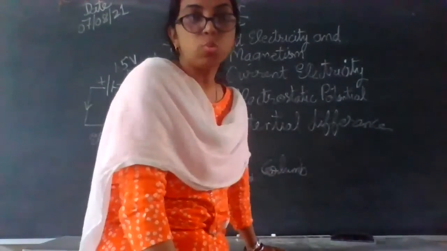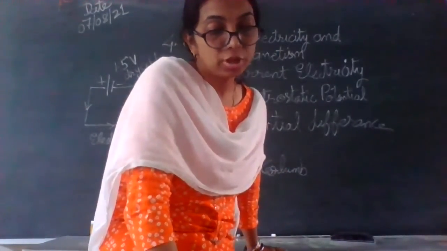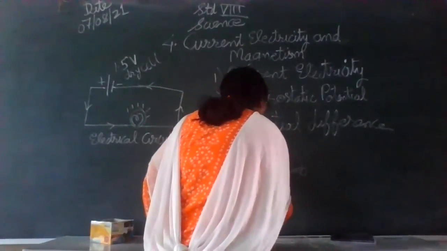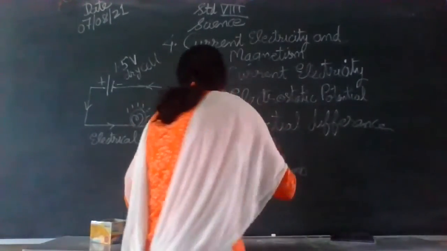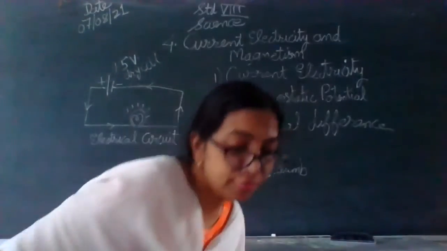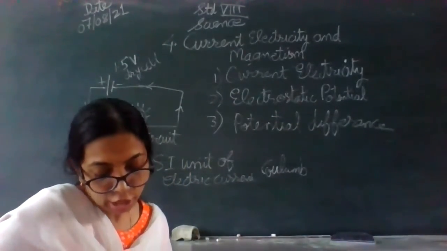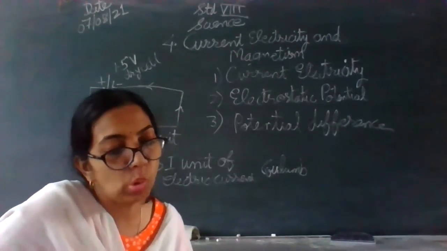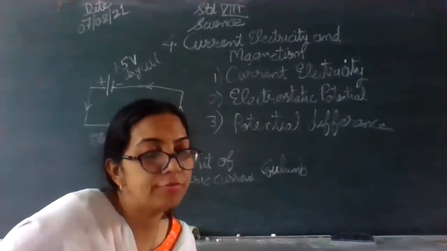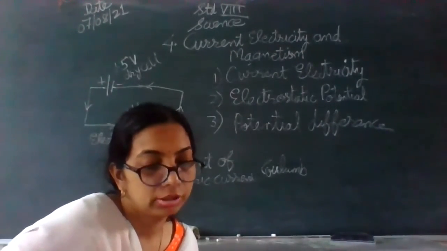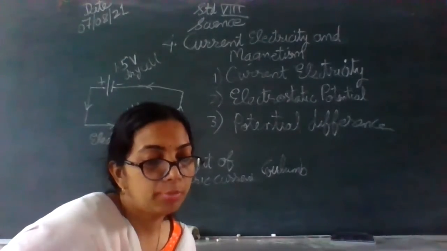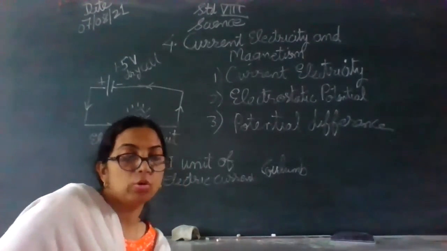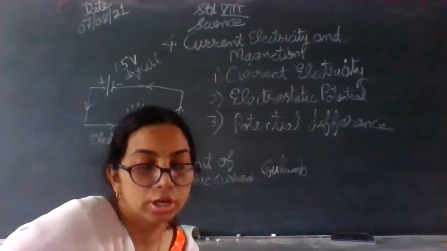Okay, so these volts and coulombs, we have to remember always. Volt is the unit of potential difference, and coulomb is the unit of electric current that we are getting. And per second, how much coulomb we are getting can also be called an ampere.